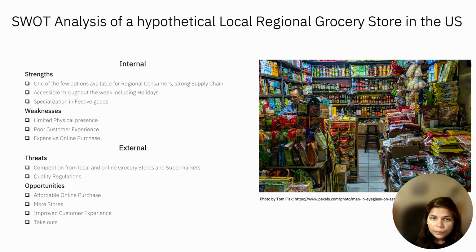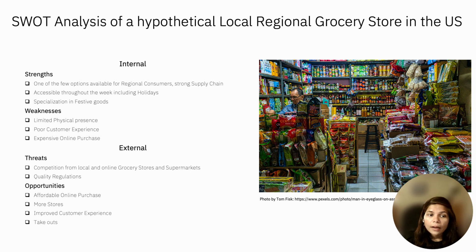Again, expensive online purchase. In today's digital age, even if we go to a regional store, grocery stores, or any grocery store for that matter, we always look for an option to purchase online if it exists, because in certain situations you won't be able to go physically, and then you would need these online stores.